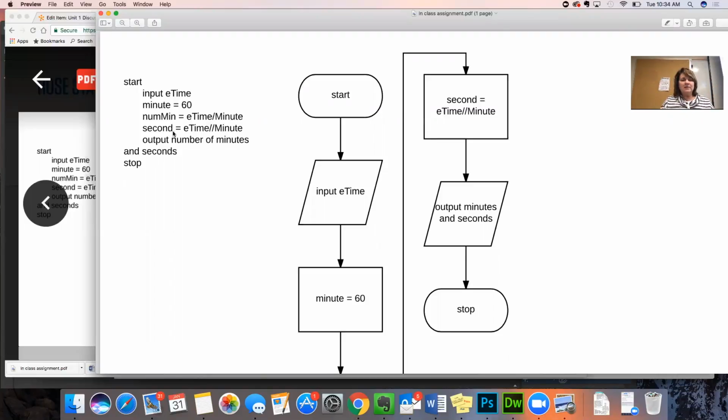Then seconds equals E time modulus minute, which means take the remainder. Don't use the 2 because you already used it for number of minutes. So seconds would be equal to 10. Output number of minutes and seconds, so it would output the 2 and the 10.